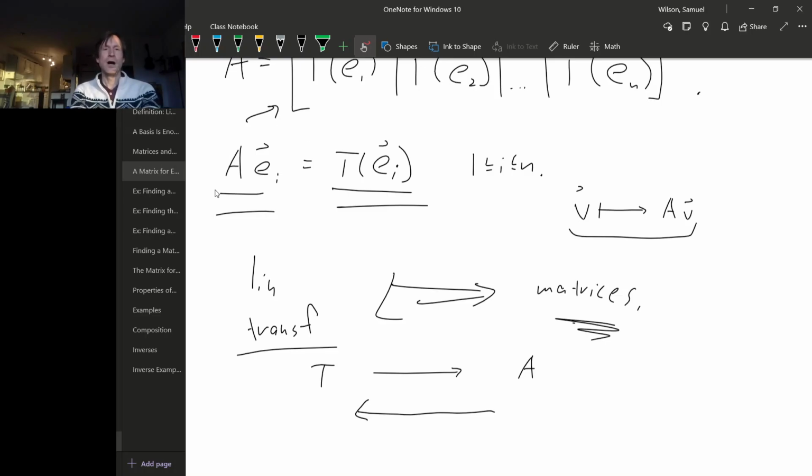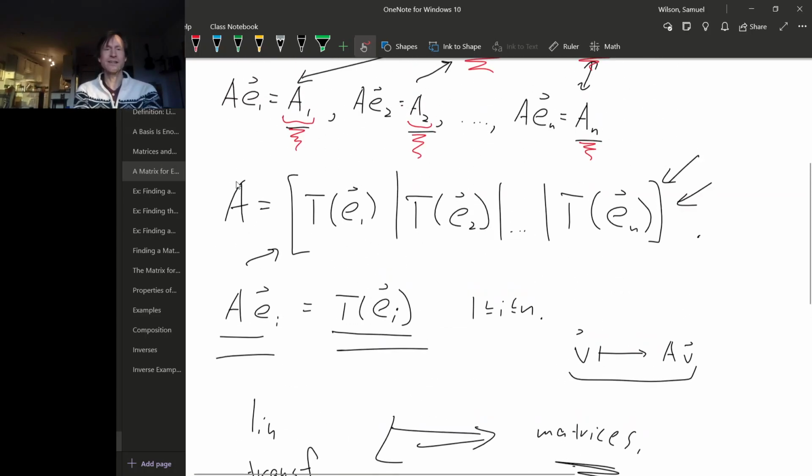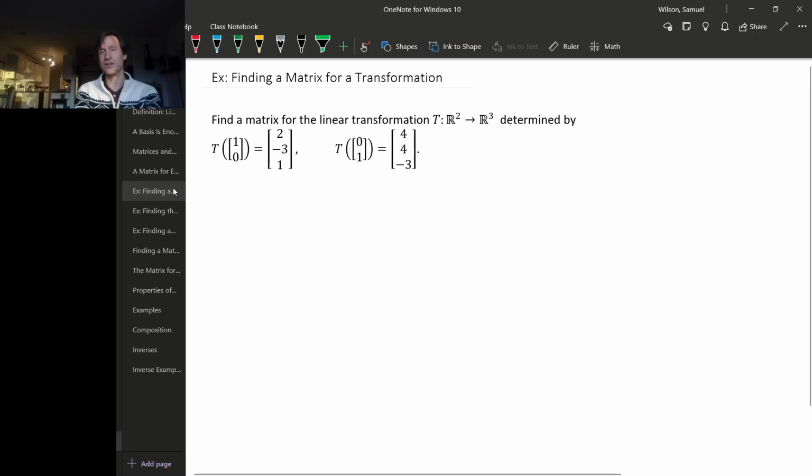Okay, so let's use this idea to come up with a matrix for a linear transformation. Let's find a matrix for this linear transformation. You can see this linear transformation T is determined on the standard basis for R2. Here's E1 in R2, and here's E2 in R2.